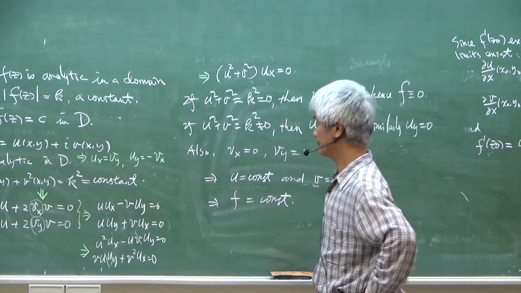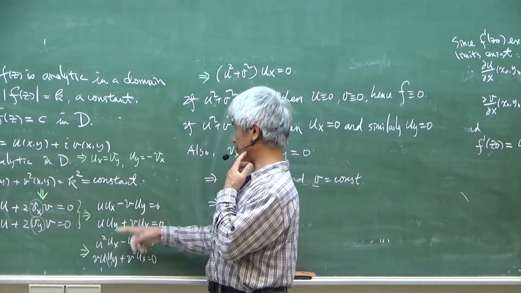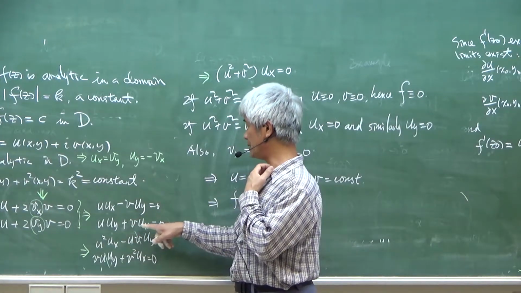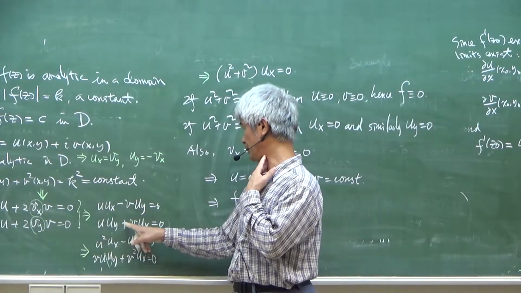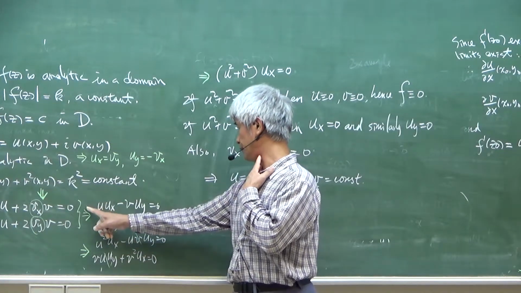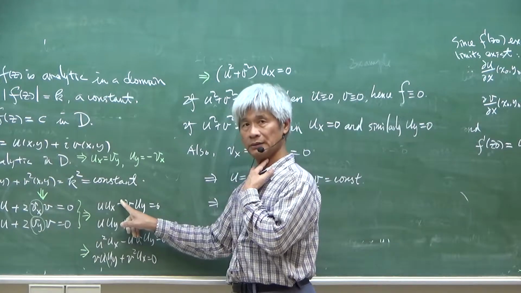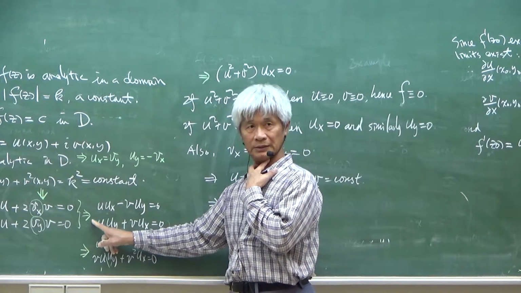Okay, so we have these two because we cancel uy in this way, but we can cancel ux by multiplying. For example, you can multiply by minus v here, and multiply by u here, and add them together.